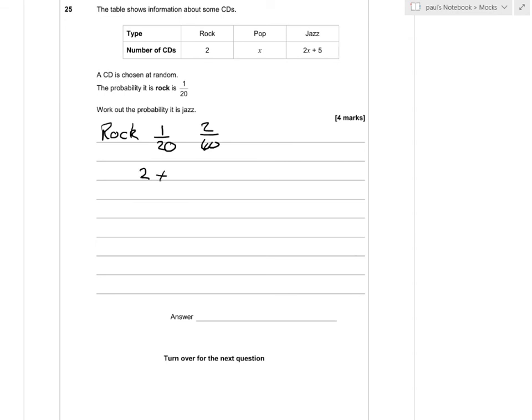So 2 plus x plus 2x plus 5 equals 40. So 3x plus 7 equals 40. So 3x equals, take that away, 33. So x equals 11.